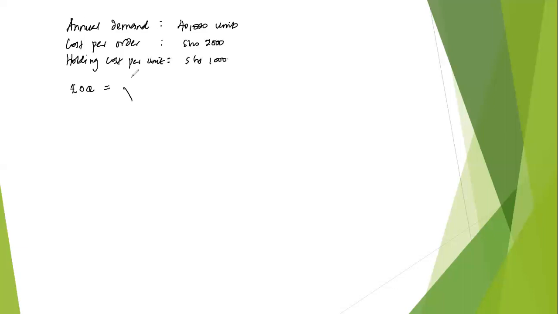Now to come up with the EOQ, don't forget our formula, which is the square root of 2DO over H. So we just substitute in this formula.